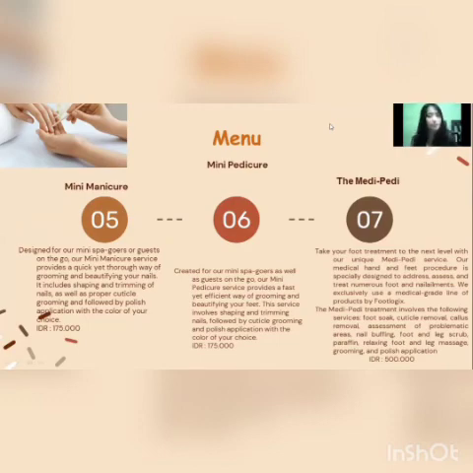The treatment involves the following services: foot soak, callus removal, assessment of the problematic area, nail buffing, foot and leg scrub, paraffin, relaxing foot and leg massage, grooming and polish application.